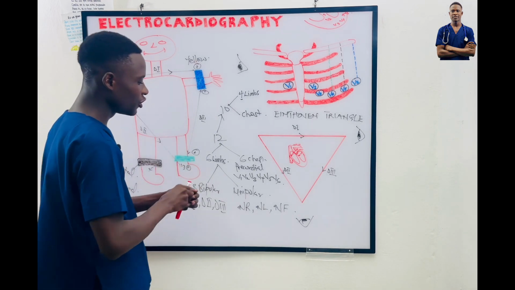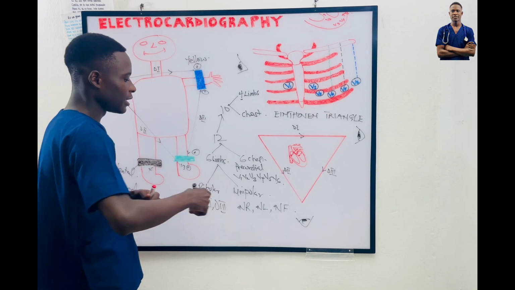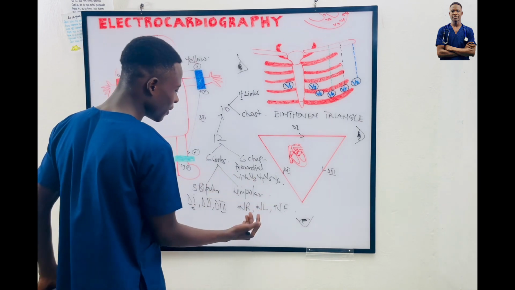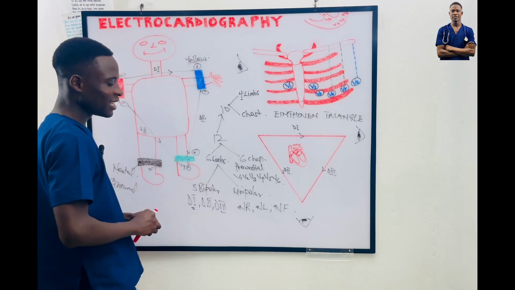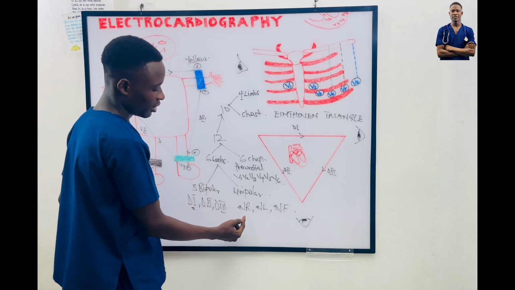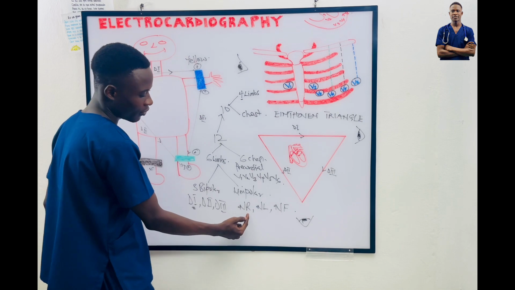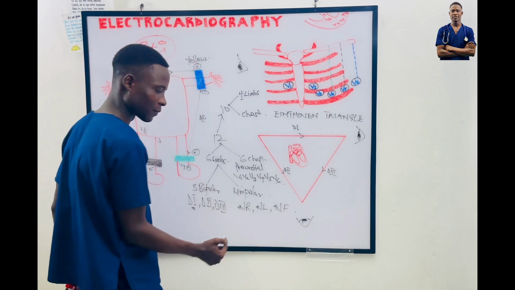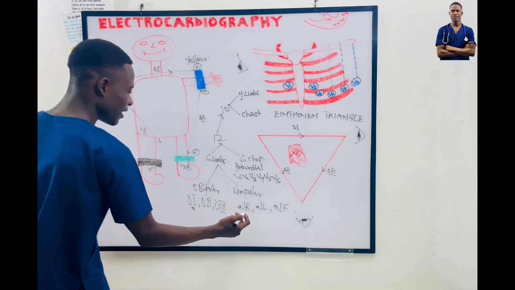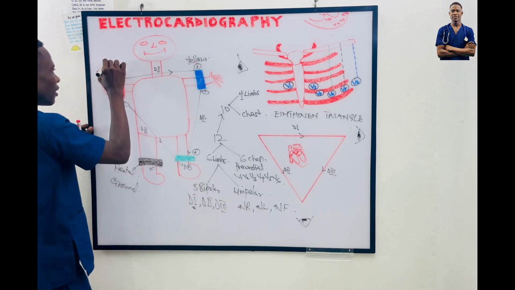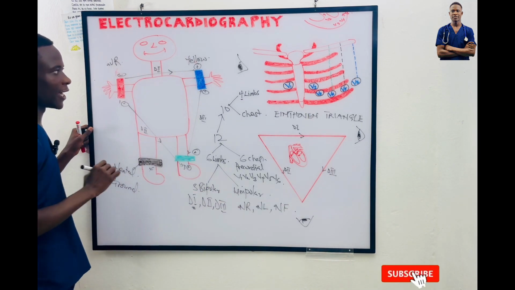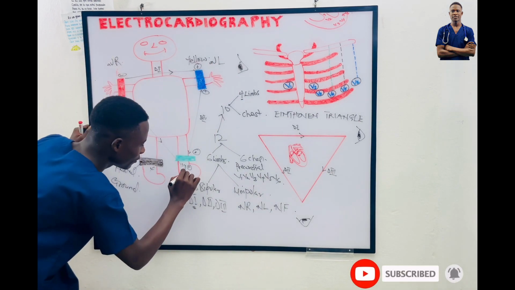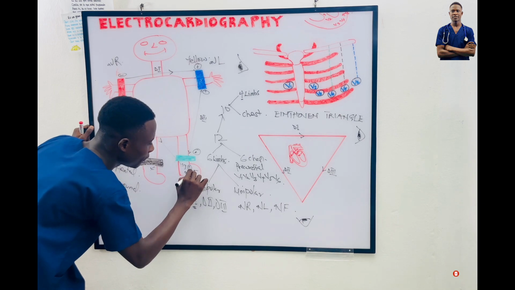Now let's come to the unipolar leads, which are also called the augmented leads. These augmented leads, their placement is so simple. We have AVR, AVL, and AVF: right, left, and foot. So you place AVR over here, place AVL over here, and then you place AVF over here.